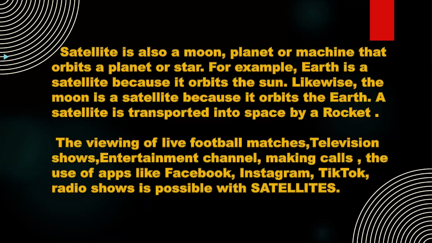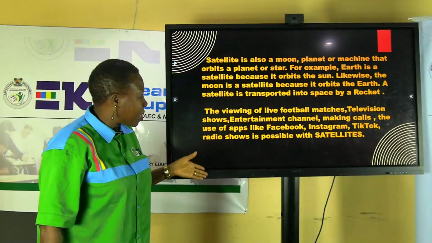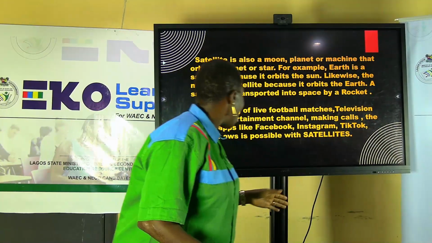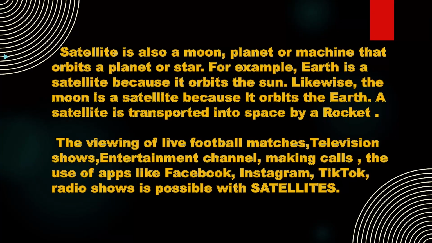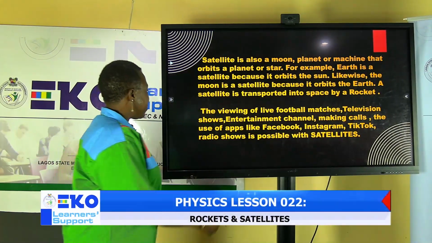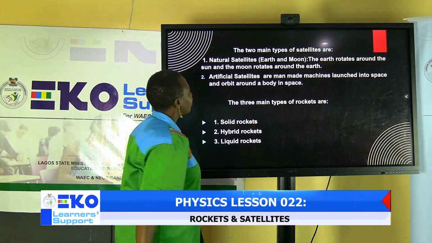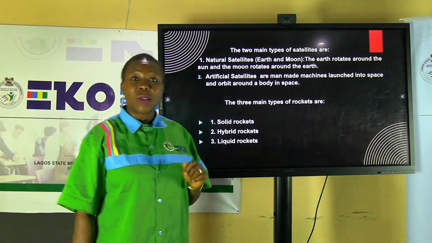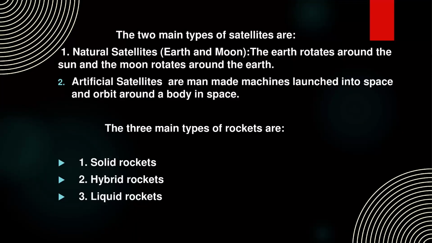The viewing of live football matches, television shows, entertainment channels, making calls, the use of apps like Facebook, TikTok and the likes, and radio shows is possible with the use of a satellite. The two main types of satellites are natural satellites and artificial satellites.